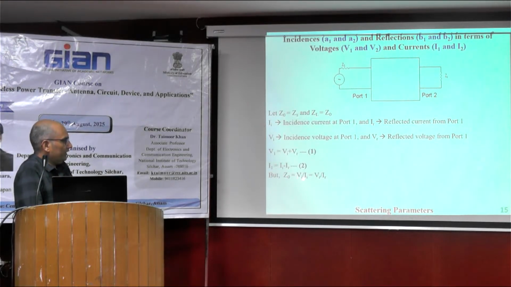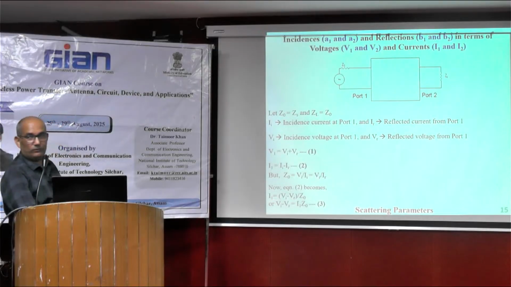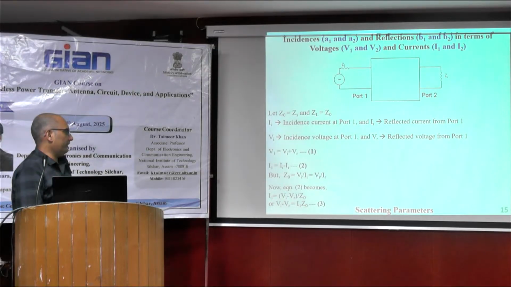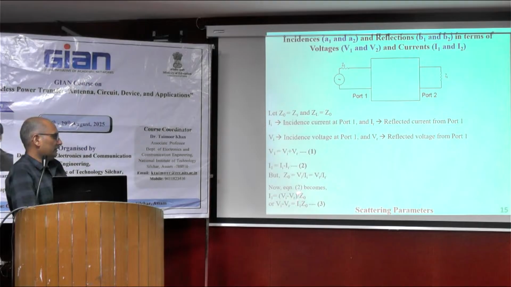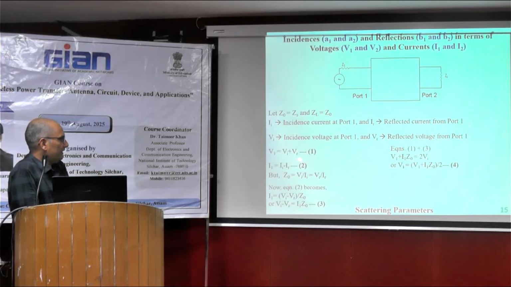Z0 equal to Vi upon Ii equal to VR upon IR. Put this value in; now equation 2 becomes I1 equal to (Vi minus VR) upon Z0. Rearranging, Vi minus VR equal to I1 Z0. Then do the same process by adding equations 1 and 3, because here you have a summation and there you have a difference.